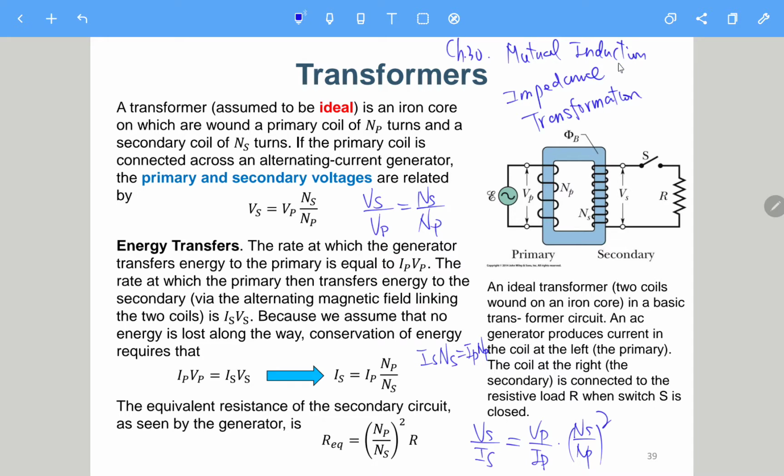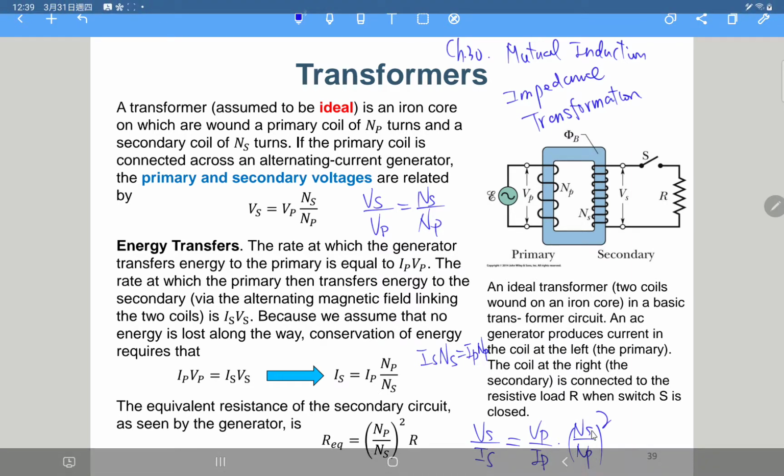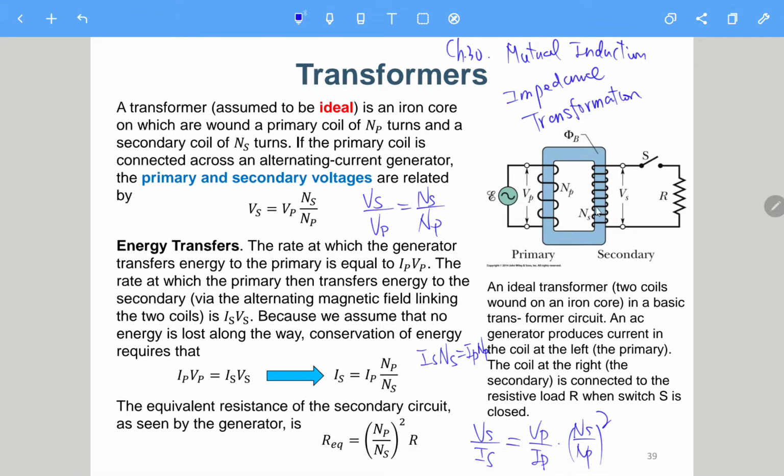Impedance transformation. We transform, for example, from here, the impedance. This is Vp over Ip, and then this is Ns over Np. Here we have Ns larger than Np, so this term is larger than 1, which means that the impedance here is lower.